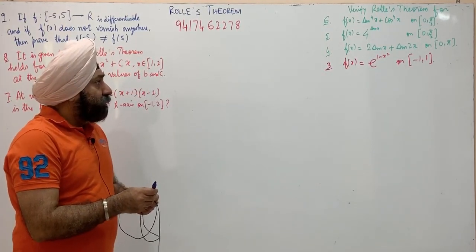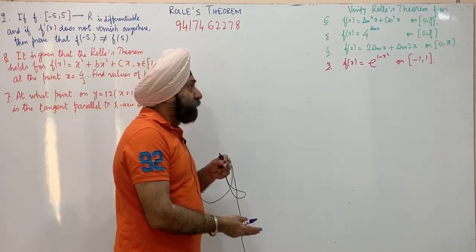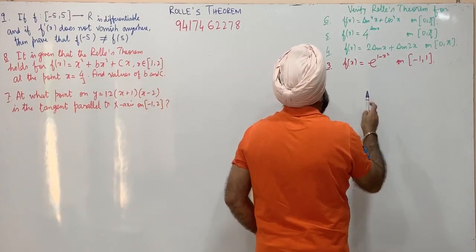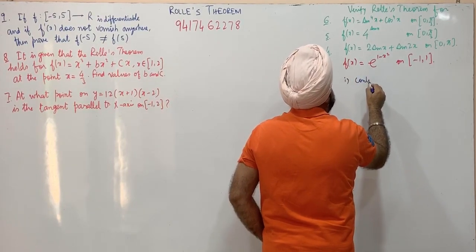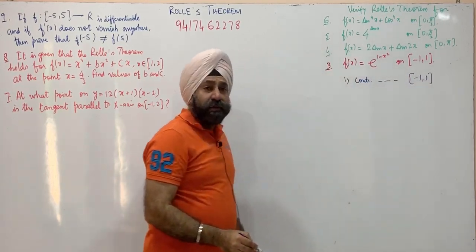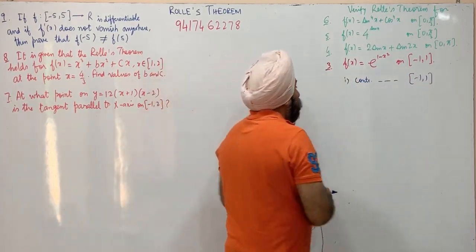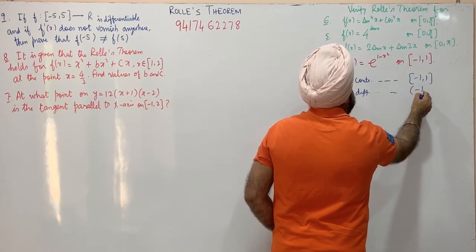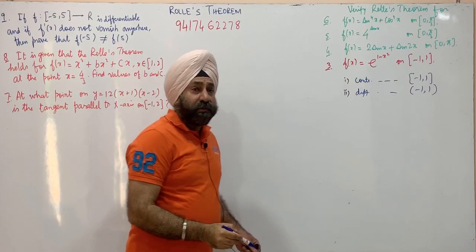So, we can explain that this, being a composite function of e raised power x and a polynomial function, is continuous. We have to explain for the closed interval minus 1 to plus 1. Similarly, we will explain this is a differentiable function, but in the open interval minus 1 to plus 1.